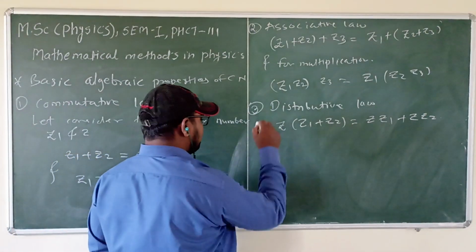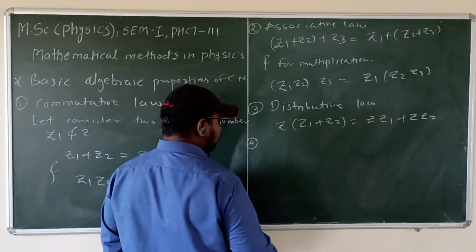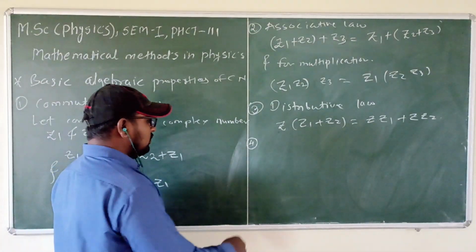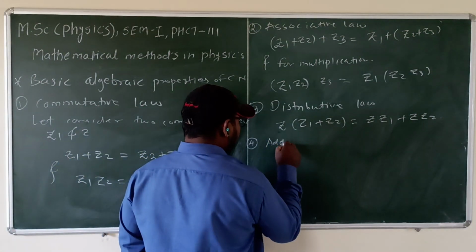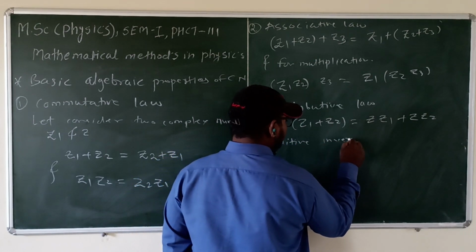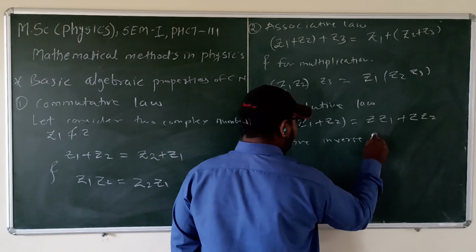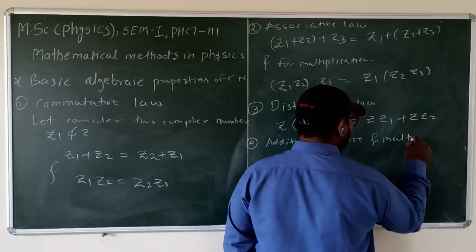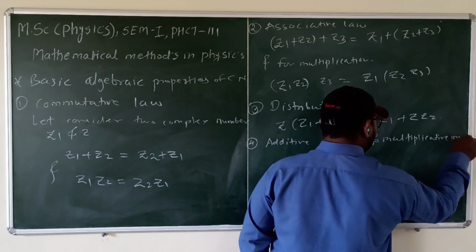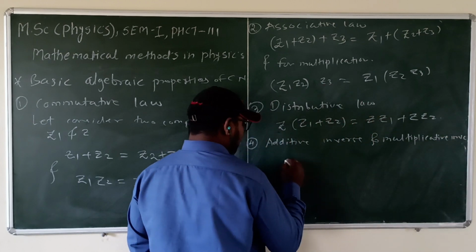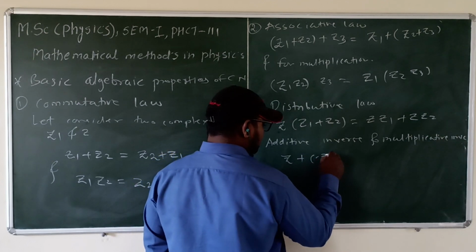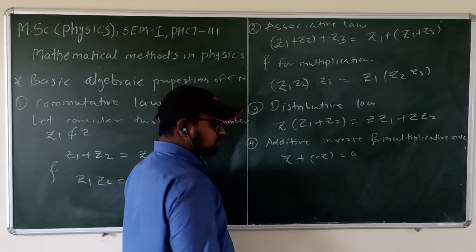There are also points 4, 5, 6, like additive inverse and multiplicative inverse. For additive inverse we can write Z plus minus Z will give rise to 0.